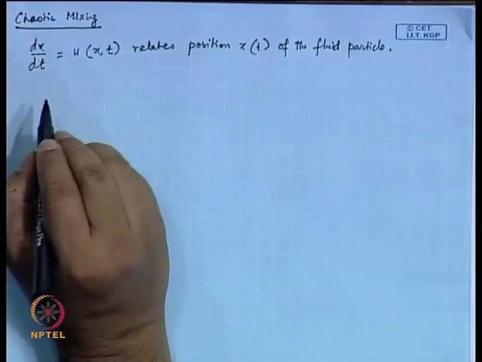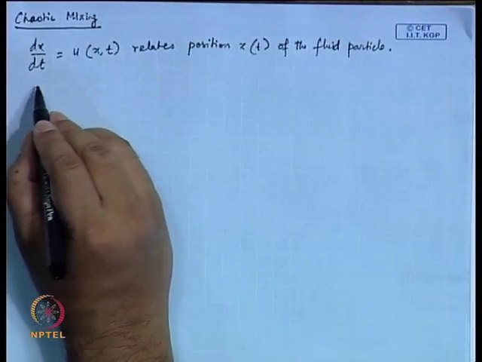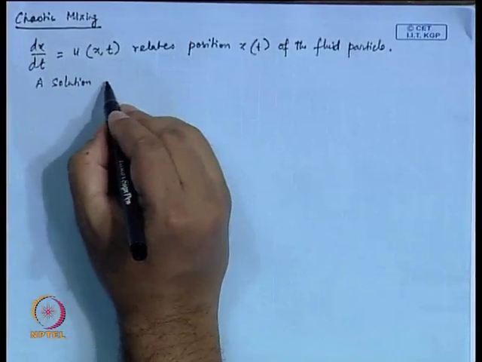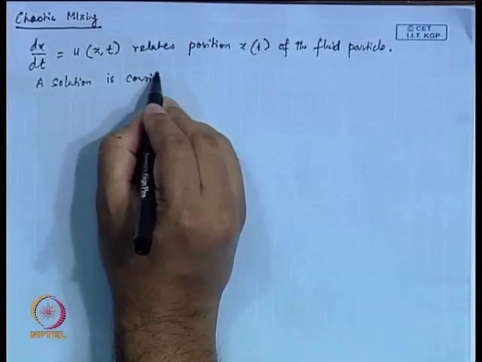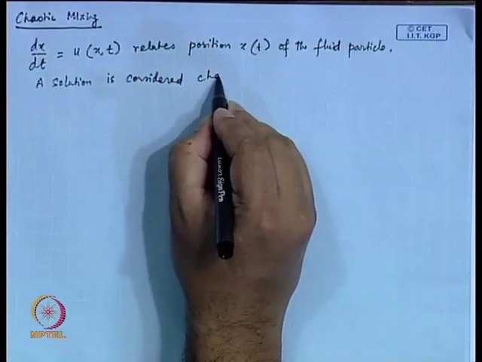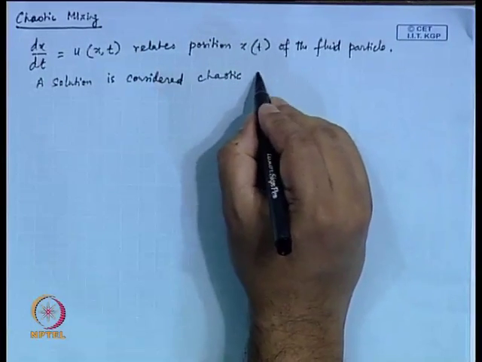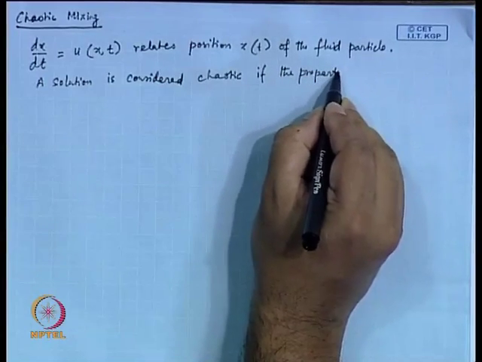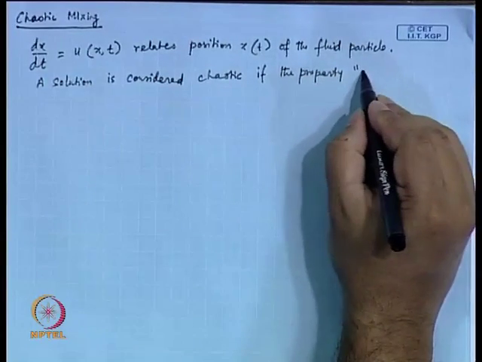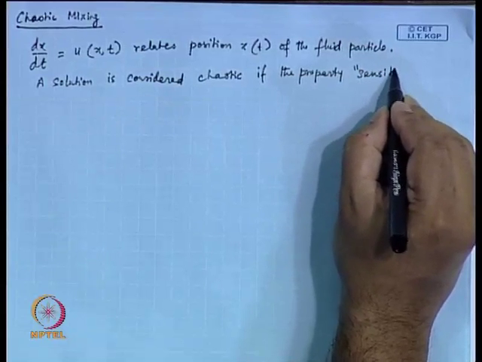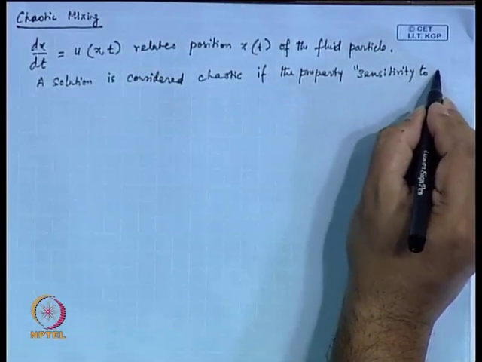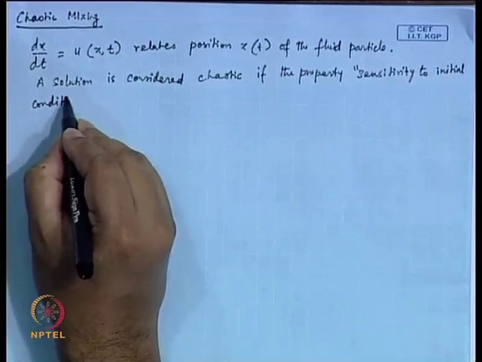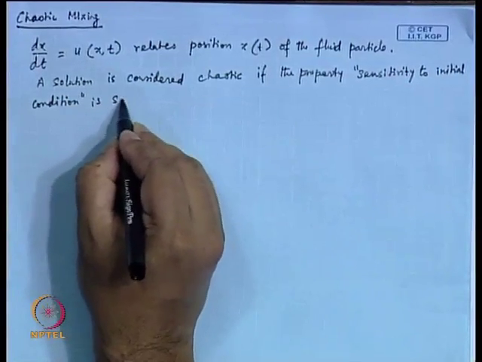A solution to this equation, which is probably what you are looking at, is considered chaotic if the property of, I put quote unquote, sensitivity to initial condition is satisfied.